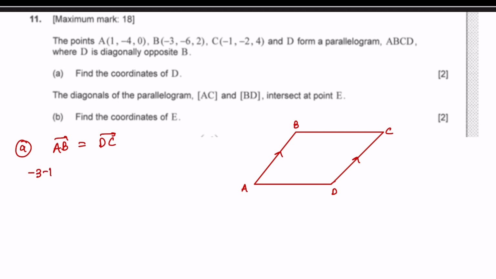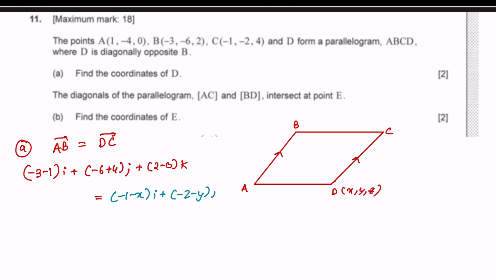So minus 3 minus 1 I plus minus 6, minus of minus 4 is plus 4, J, plus 2 minus 0, K. And then for DC, it will be C minus D. For D, currently we'll consider it as x, y, z. Just assuming it. We'll solve for x, y, z. So the DC vector will be C minus D: minus 1 minus x I plus minus 2 minus y J plus 4 minus z K.